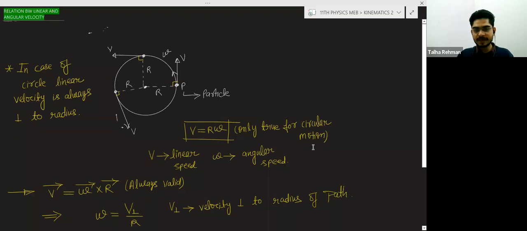So P is the particle, and this particle is performing the circular motion.